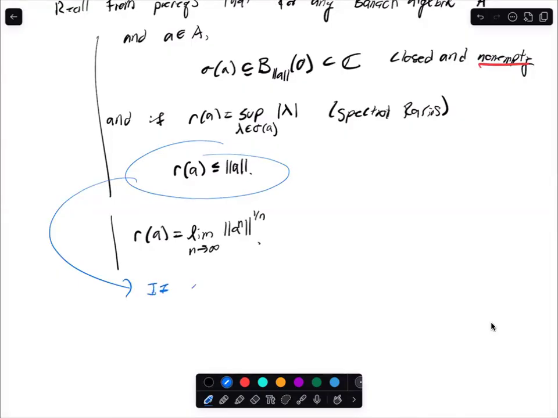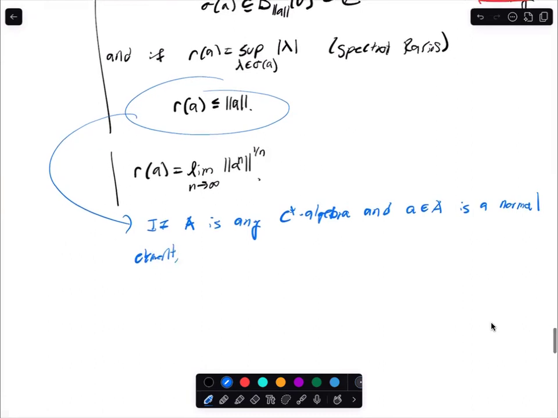If A is any C-star algebra, and A is a normal element therein, then not only do you have this inequality, but it actually turns out that R of A is exactly recovered by the norm of A. So once again, we have this relationship.